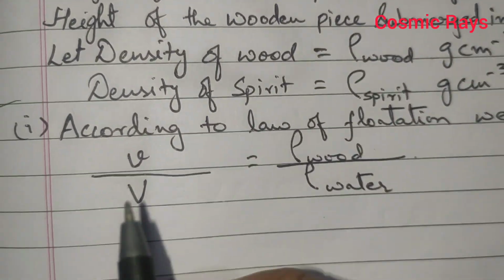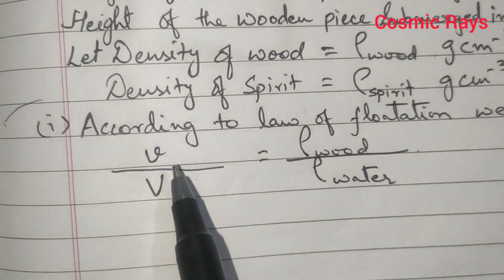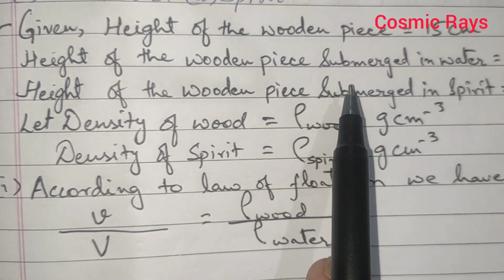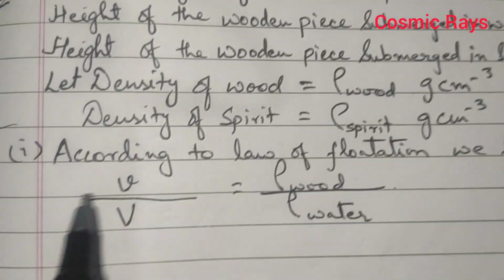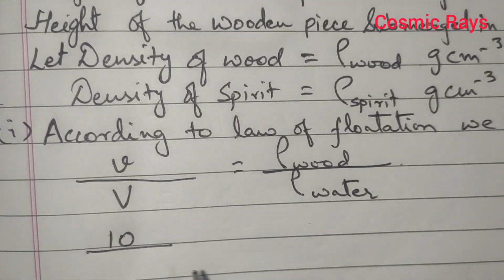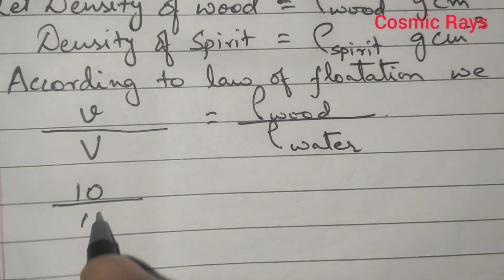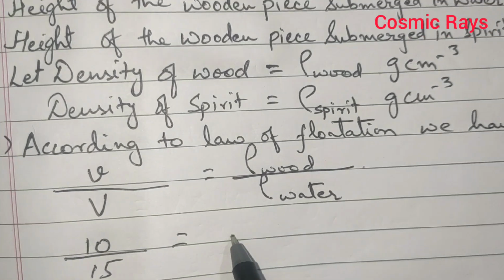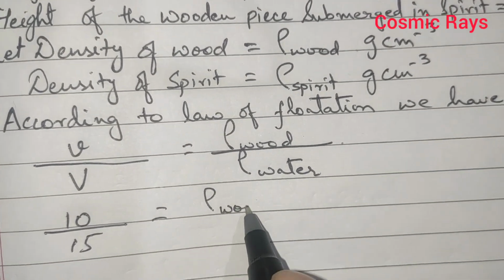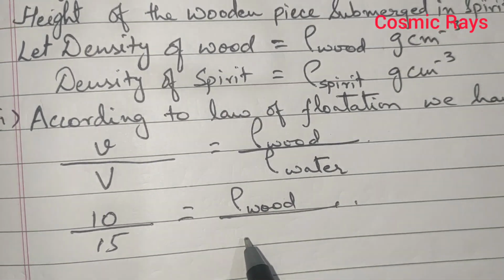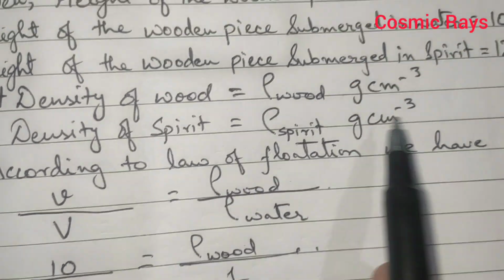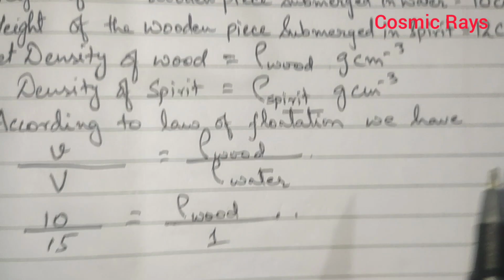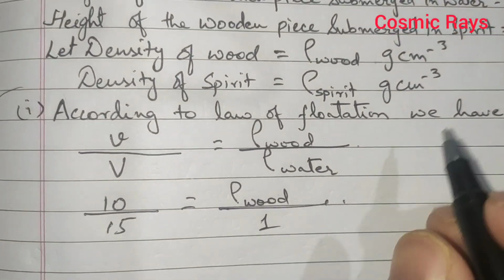We have the volume of the wooden piece, which is the part of the height of the wooden piece which is submerged in water, is 10 centimeter. So we write 10, total is 15, is equal to density of wood we have to find out upon density of water is 1 when we take it in gram per centimeter cube.